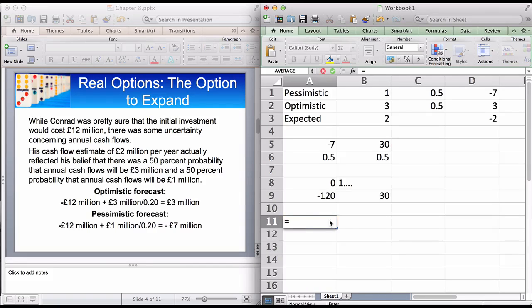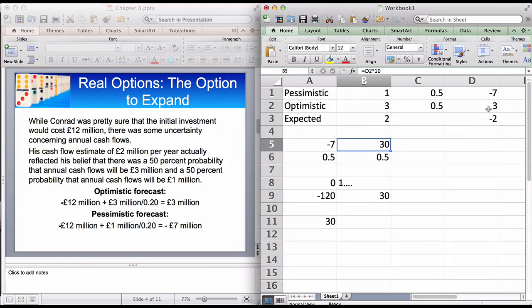If I find the NPV, then the NPV is just equal to minus 120 plus 30 divided by 0.2, and you see that the total NPV of expanding into 10 locations is 30, and that's what I've written here. All I've done is multiply the NPV by 10 to get that.